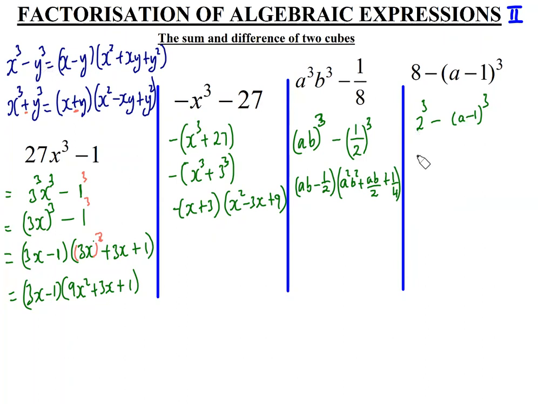It's going to be 2 minus a minus 1. So here in this case, we're going to have a big bracket here.